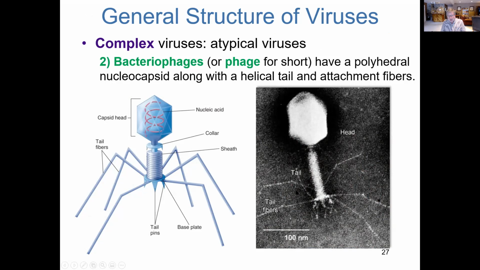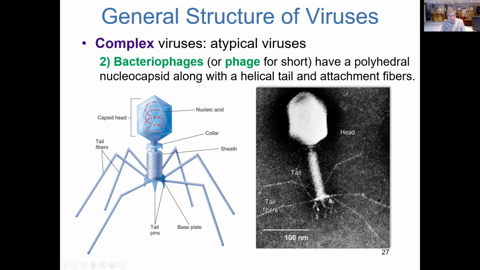Gosh, that's crazy looking. But the reality is, here's an electron micrograph of a bacteriophage, and we can see the exact structures. In fact, of course, the sketch came from the photograph. So you can see the sheath. Here's the capsid head. Inside of this would be the nucleic acid, either DNA or RNA. Here we can see the tail fibers sticking out, sort of like legs of a spider almost.